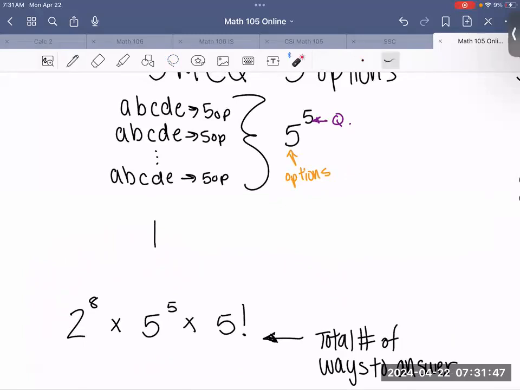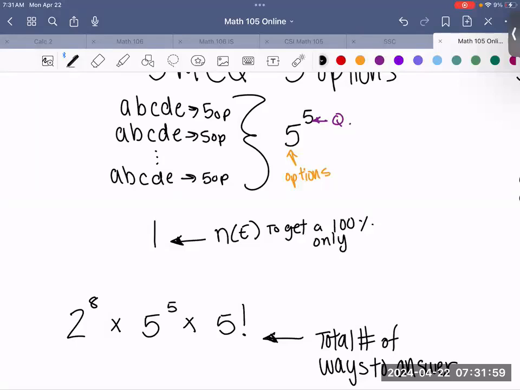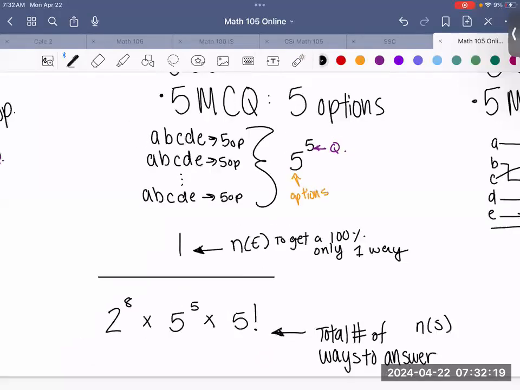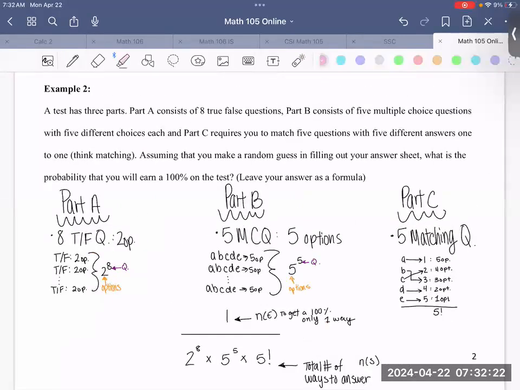So if this one is signifying the one way, then your event, to get a 100%, there's only one way, and below it are all of the different ways, different combinations you can answer this test. The probability is just to divide the one way to get it over the total ways to answer. So this is what your answer would look like. 1 over this whole amount. And there you go.